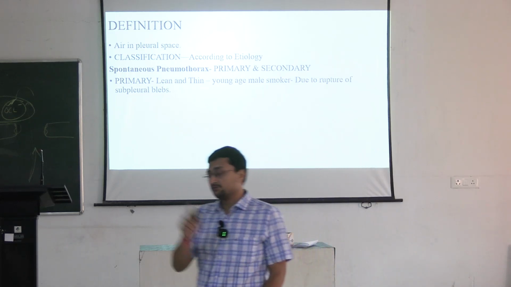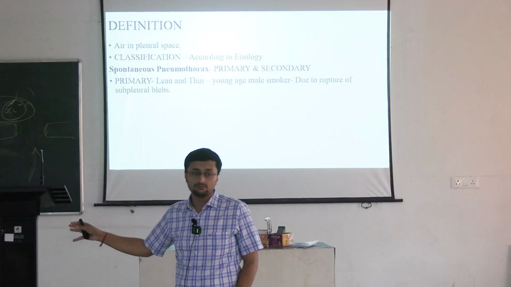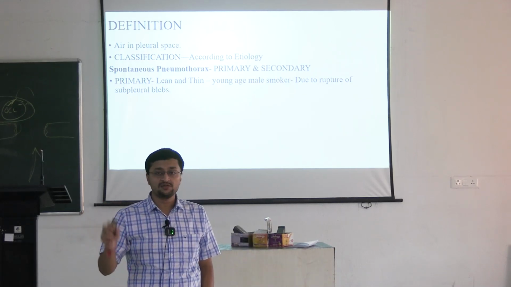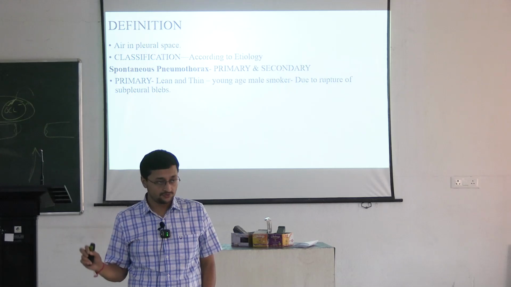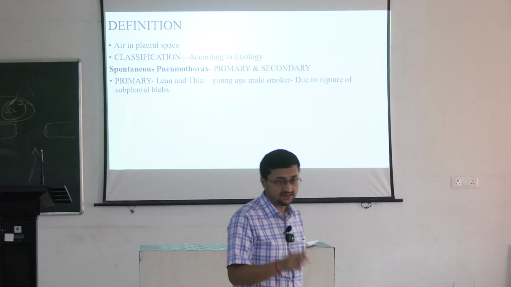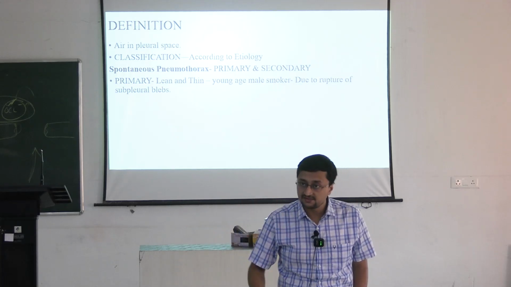So the spontaneous pneumothorax can be subdivided into another two parts. One is primary spontaneous and another one is secondary spontaneous pneumothorax. Again, as the name itself suggests, what is the secondary? That means there is underlying lung disease itself.